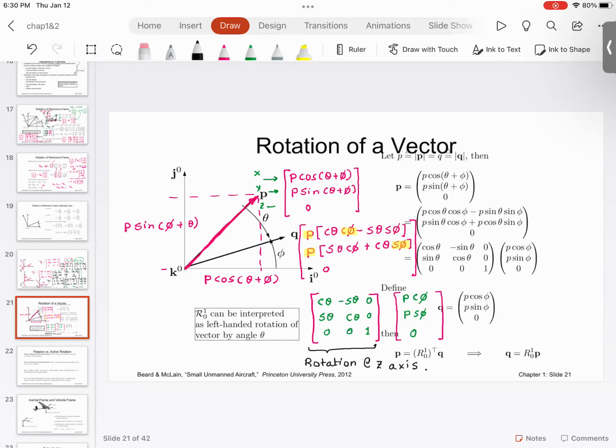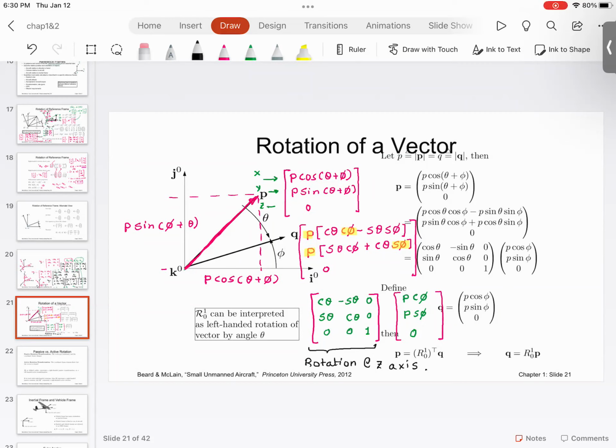So what it means is there are two ways to look at rotations, and I will talk about the point rotation and the frame rotation in just a second. But rotation matrices can also be derived looking at an intermediate step. Basically, the vector P is making an angle theta plus phi with respect to the horizontal axis.